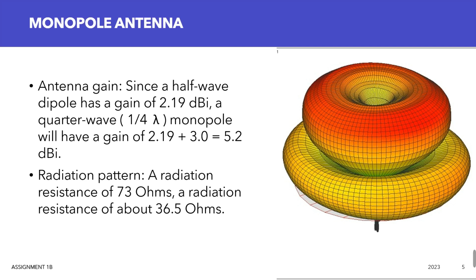For the antenna gain, since a half-wave dipole has a gain of 2.19 dBi, a quarter-wave monopole will have a gain of 2.19 plus 3, which is equal to 5.2 dBi. For the radiation pattern, the radiation resistance is 73 ohms, and the total radiation resistance is about 36.5 ohms.